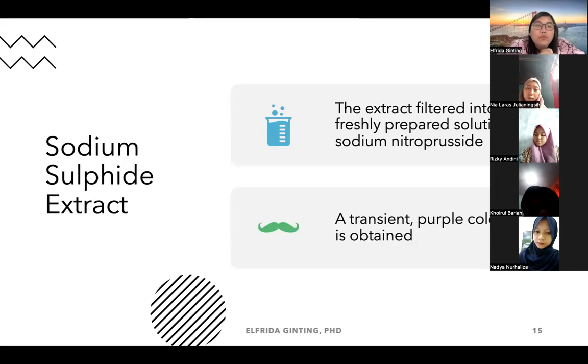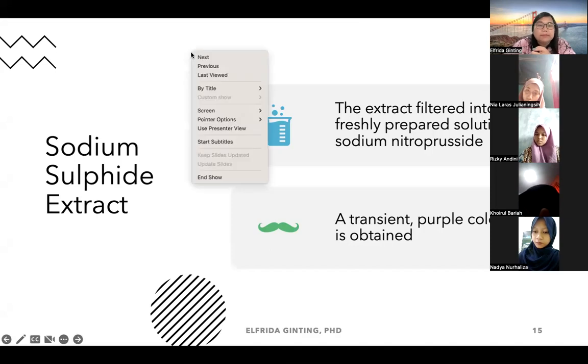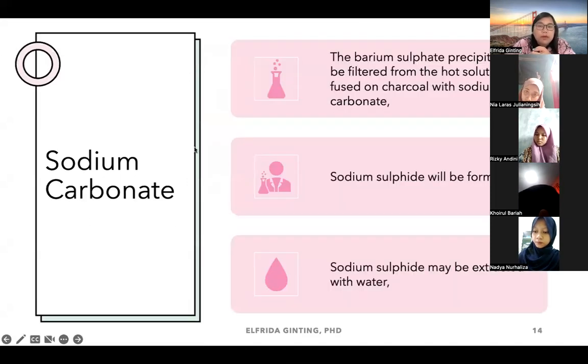So this is one way of identifying the sulfate anion. You mix with barium, it will form a white precipitate of barium sulfate, and then you fuse it. It means you combine it with sodium carbonate. By fuse I mean you heat it on charcoal, then sodium sulfide will be formed.